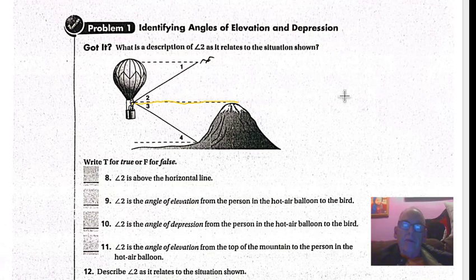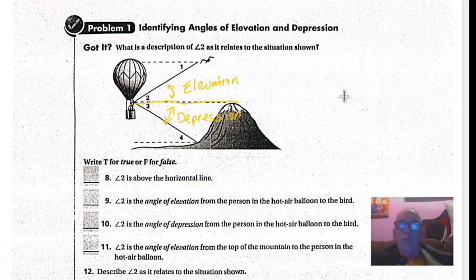If we're looking up from this line, which is straight out, horizontal to the ground, we call this an angle of elevation. If we look down from this reference line, which is our eye line here, we call it an angle of depression. So this is from the point of view of the person on the balloon.